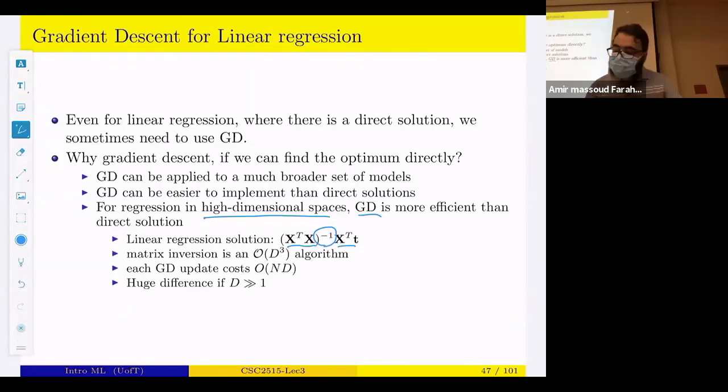Do you remember the dimension of X transpose X? D by D, right? So when we want to compute the inverse, we need to invert a D by D matrix. What is the computational cost of inverting a D by D matrix?